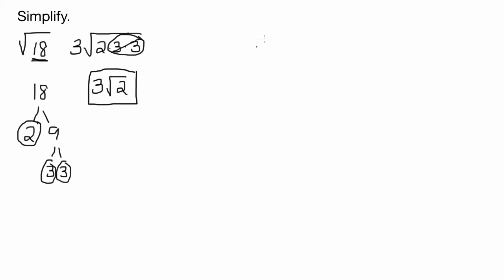So let's try another one. I'm going to switch colors here so that you can see the difference. So let's do number 2, and let's try the square root of 135. So again, write 135 as a product of its prime factors. So let's do a factor tree for 135.